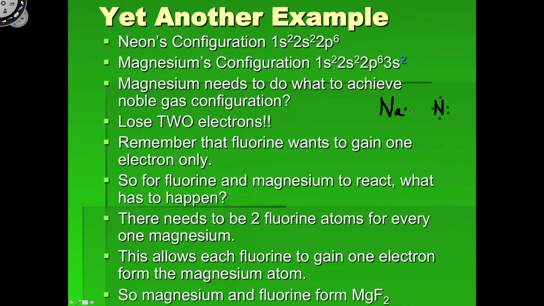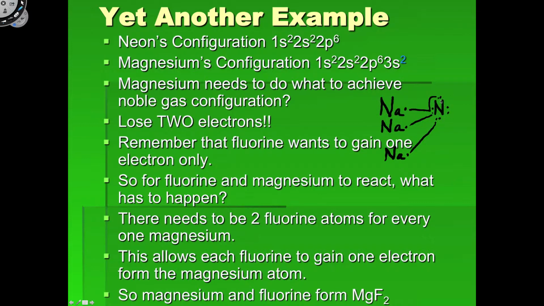So that means we need how many sodiums to satisfy our 1 nitrogen? Well, let's think about it. If we had 3 sodiums, each with a valence of 1, 1 electron would go there, one electron would go there, and one electron would go there.